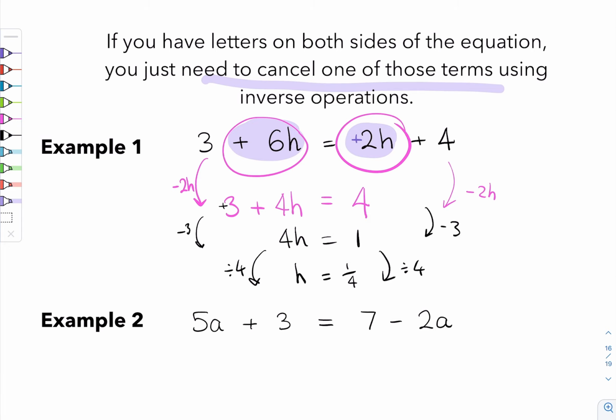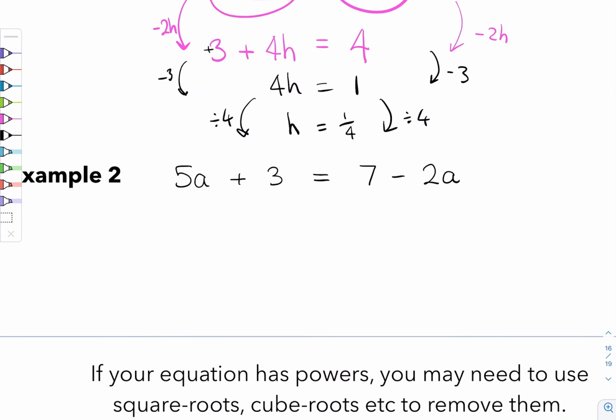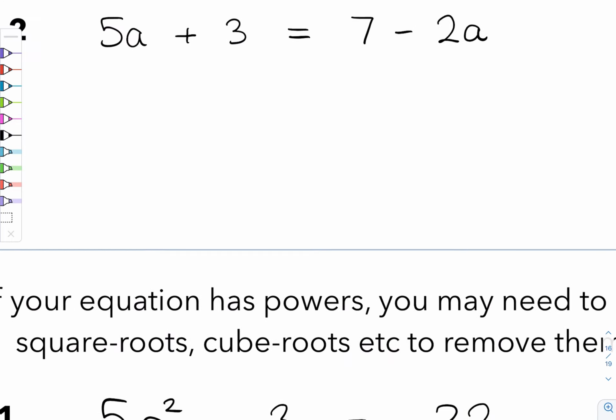And I am progressively going faster and faster because you should be more and more familiar with what I'm trying to do here with solving the equations. In this one, the apple term is appearing on both sides. Remember that negative sign belongs to the two apples. So remember this is a positive 5a and I've got a negative 2a on the other side.